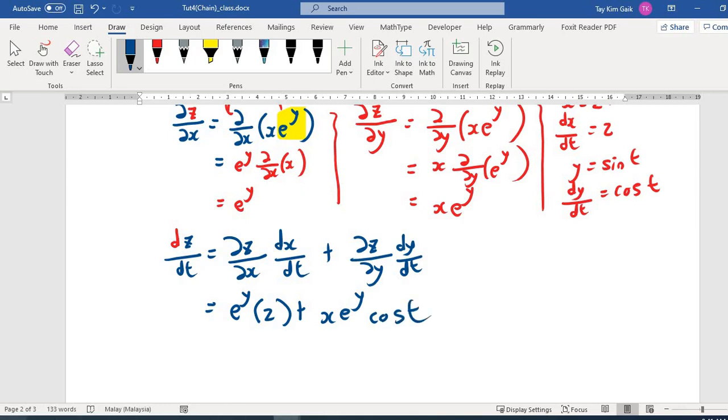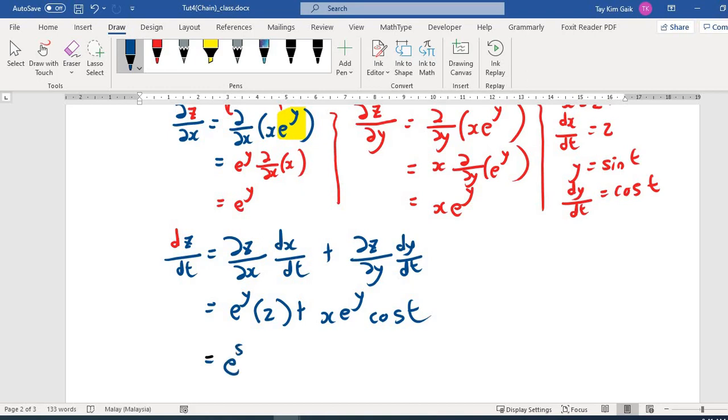So you may leave the answer here, or if the question wants it in terms of t, then you have to replace back. It's either you leave the answer like here, but if the question says they want dz dt in terms of t, then you have to replace y exactly.